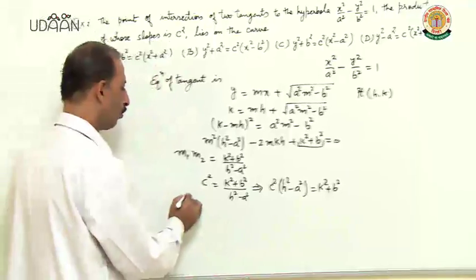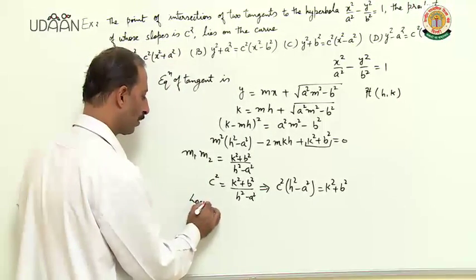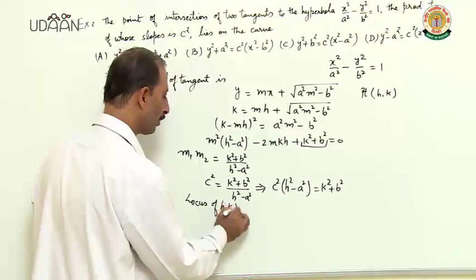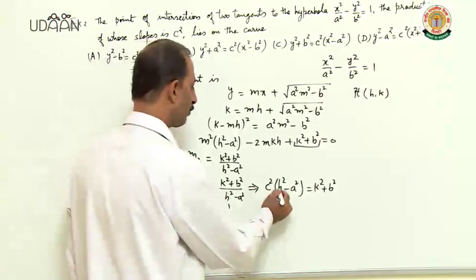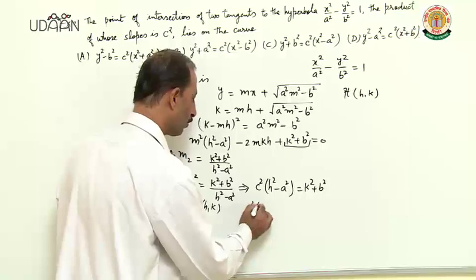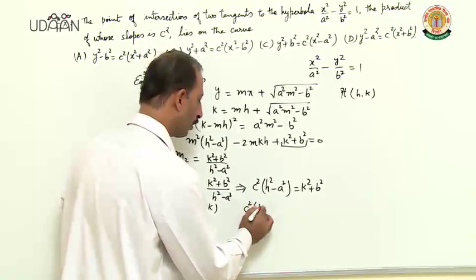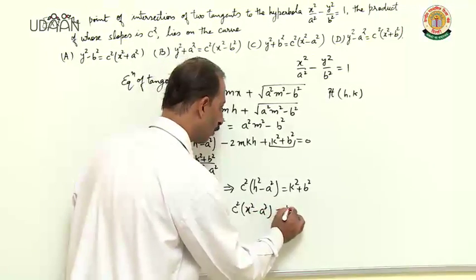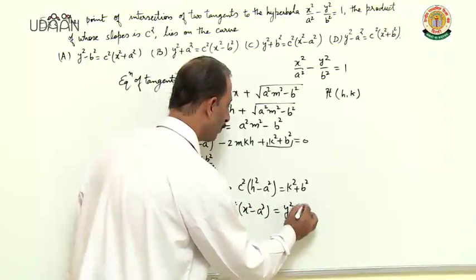So what is the locus of h comma k? To find the locus, we have to generalize the equation. So in place of h put x and in place of k put y. So it becomes c square into (x square minus a square) is equal to y square plus b square.